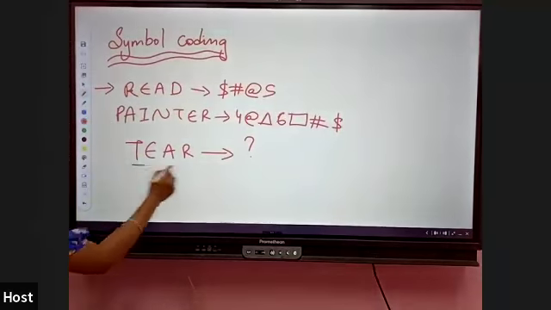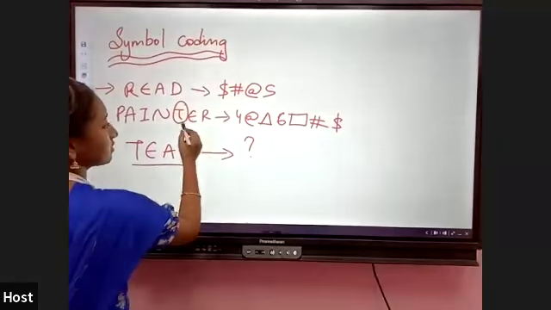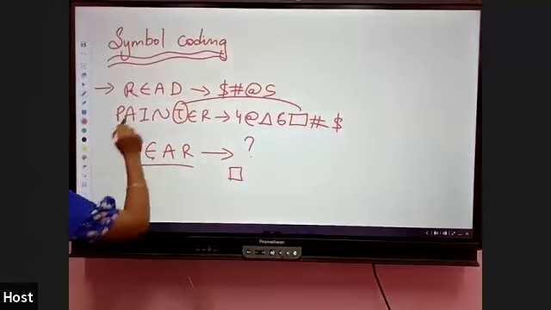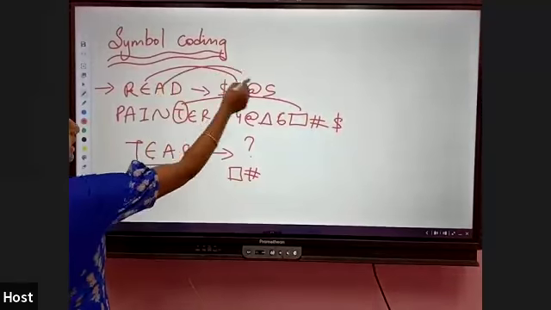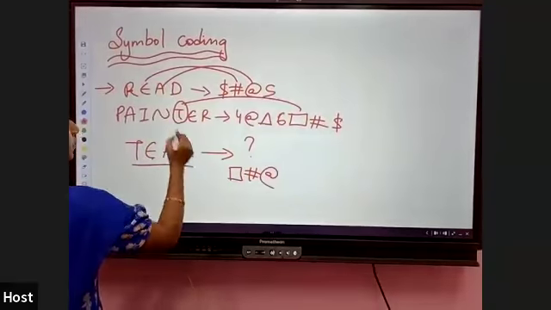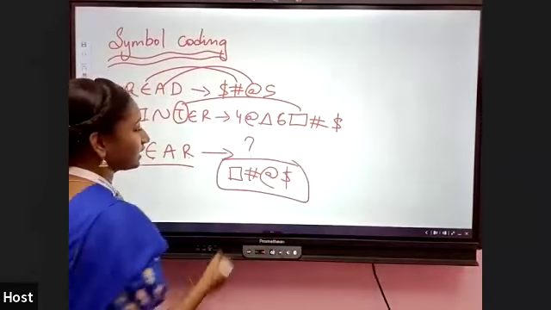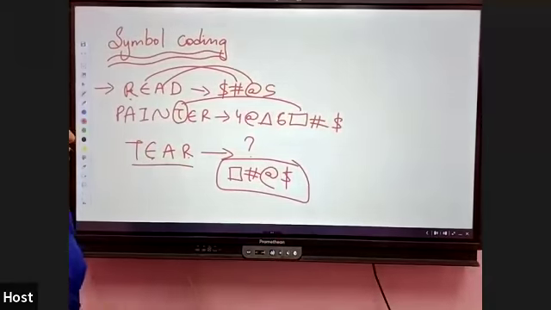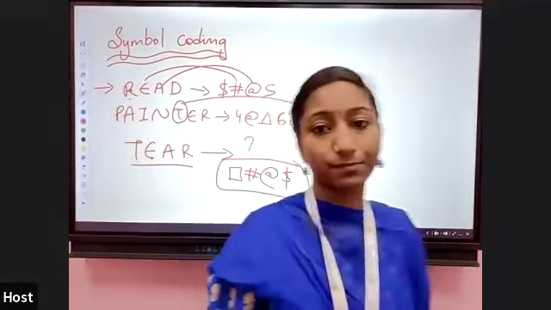So we should find the code for T here. The code for T is square. Next, the code for E is hashtag. The code for A is @ and the code for R is dollar. So the code for tier is square, hashtag, @ and dollar. So in this way, we should find the symbol coding sums.